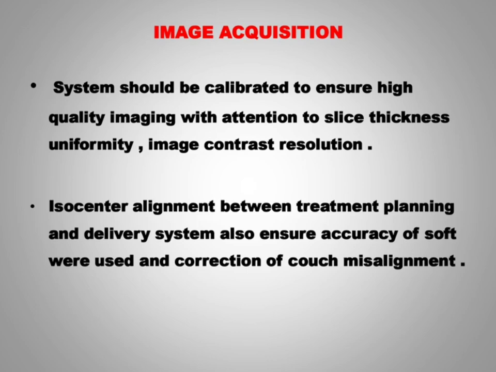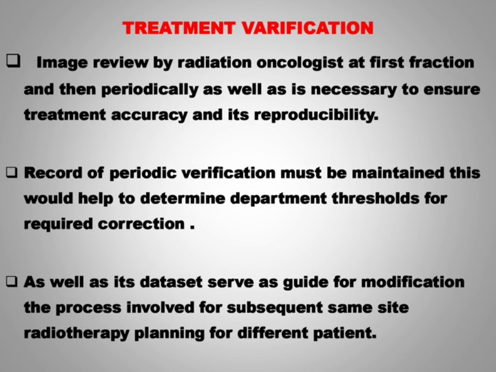That is very important, and image contrast resolution should be very good. The isocenter alignment between the treatment planning and delivery system also ensures the accuracy of soft tissue correlation with couch misalignment correction.